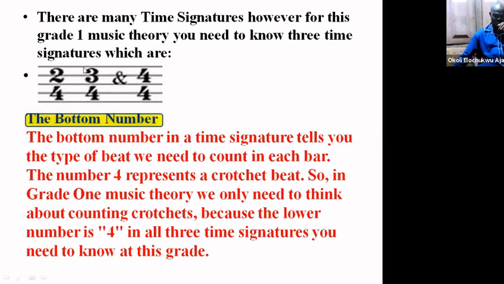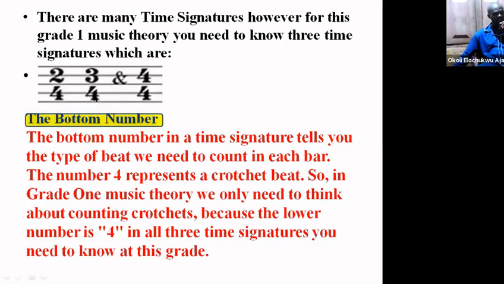The top one determines how many of these crochet beats must be counted. If you have 3, you don't call it three-fourths. 3, 4 is like when you say 3 children, 3 adults, 3 men, 3 boys, 3 girls. This 4 is used to represent crochets.